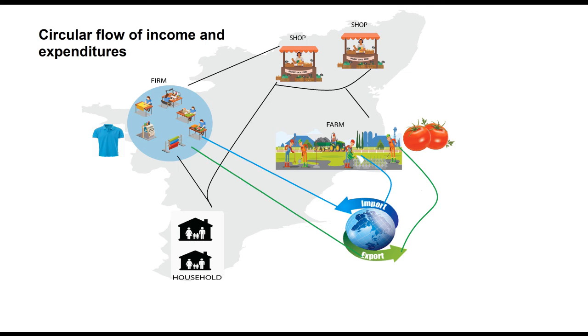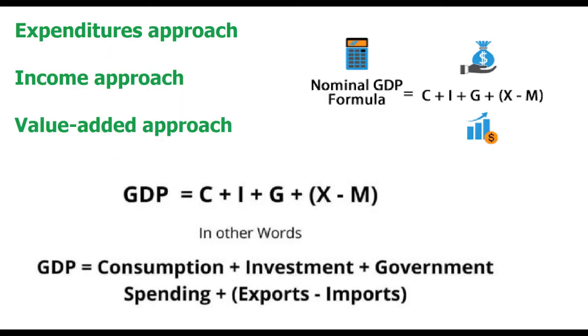And some of our phones and some of the items we know are made in China. That means we are importing those Chinese products into our country. So we see an import and we see an export. The difference between these two can be considered as the net export.